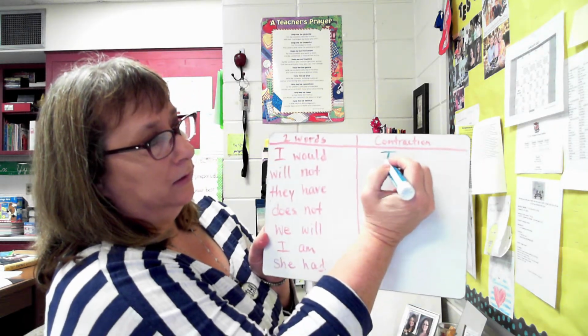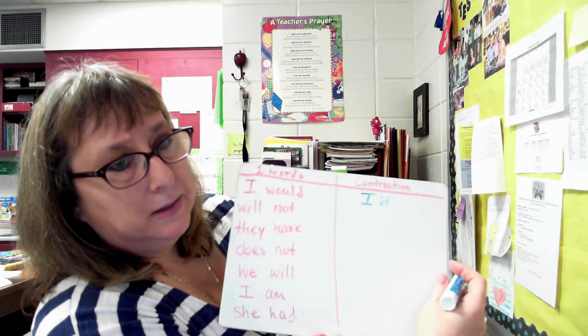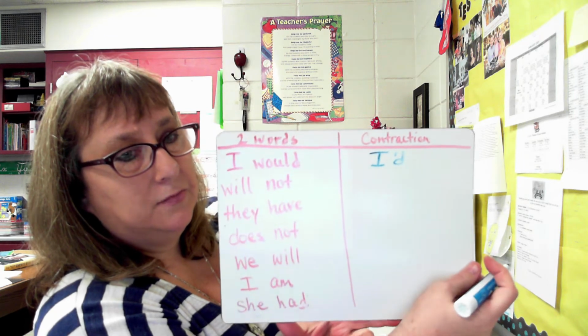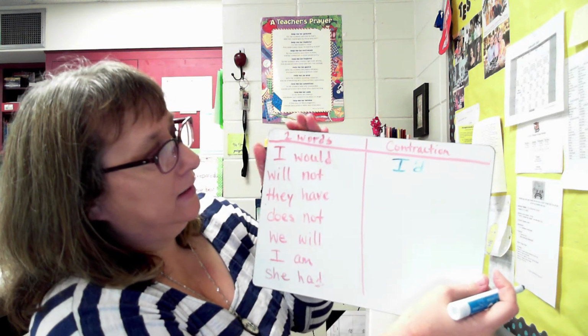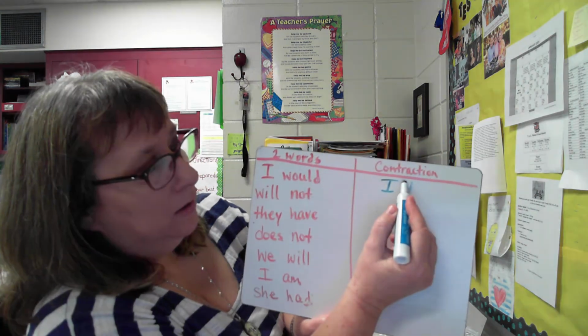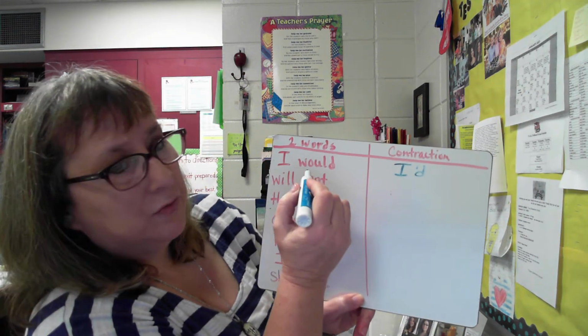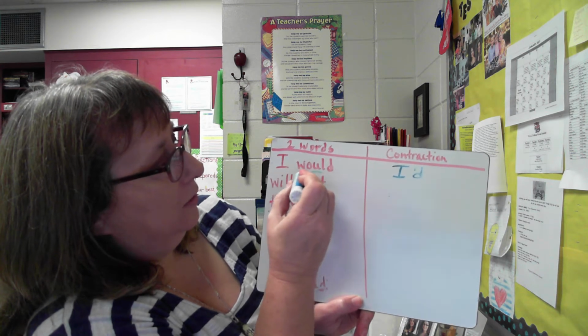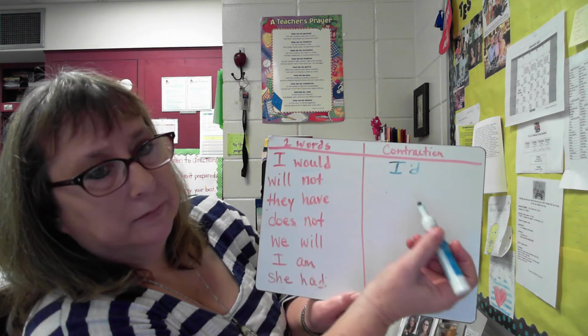I'd, exactly, we just practiced an I. Now guys, when you're doing contractions with the I, remember, I is a word by itself, so it is a capital letter. Anytime you use I by itself, it's a capital letter. So here, notice that the apostrophe takes the place of W, O, and L. All those are marked out.